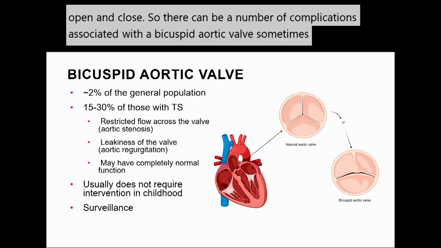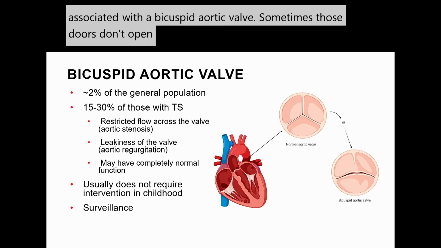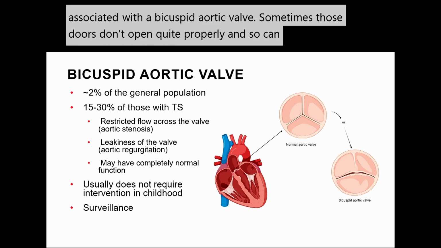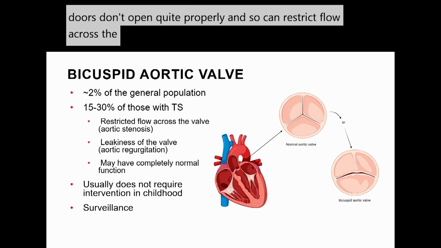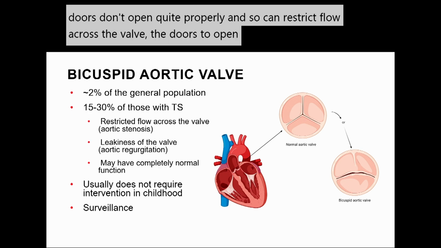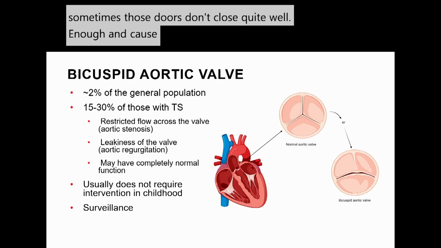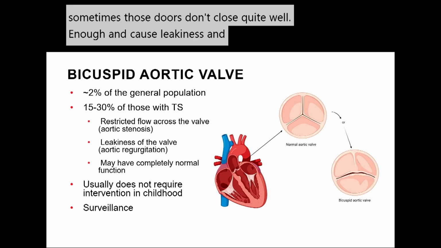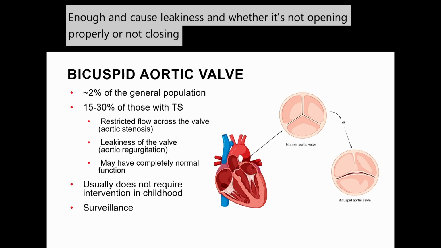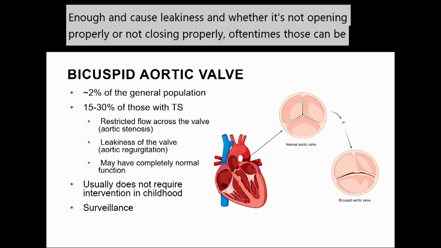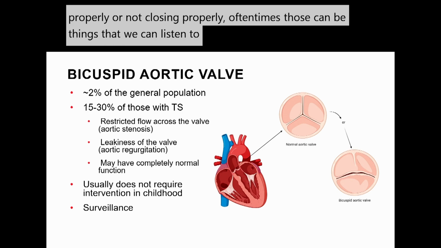Sometimes those doors don't open quite properly, and so can restrict flow across the valve. The doors don't open quite wide enough, or sometimes they don't close quite well enough and cause leakiness. Whether it's not opening properly or not closing properly, oftentimes we can listen to that with a stethoscope.